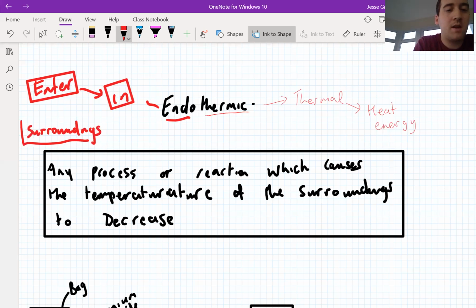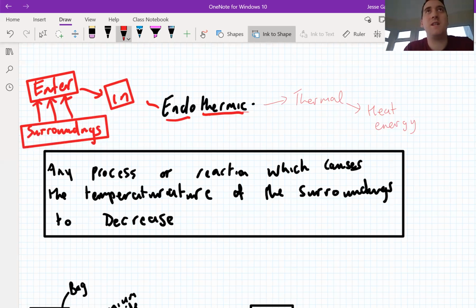This is endothermic. And for endothermic, that means overall the system's energy increases as the reaction happens, which means the change in H, delta H, is positive.